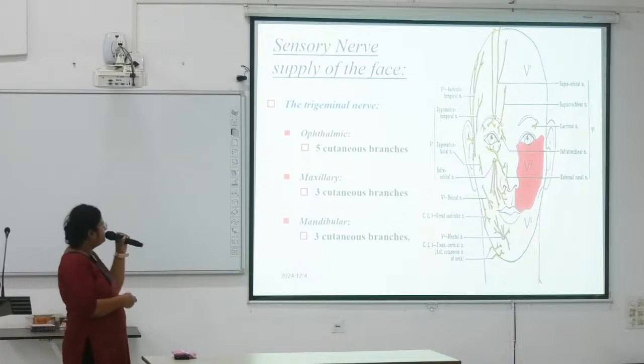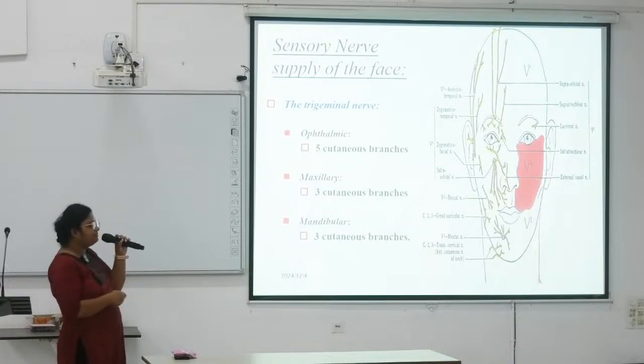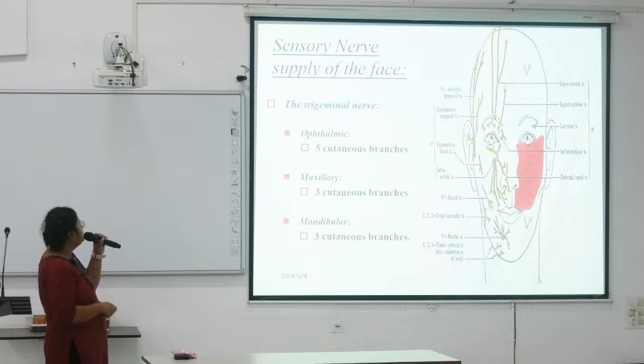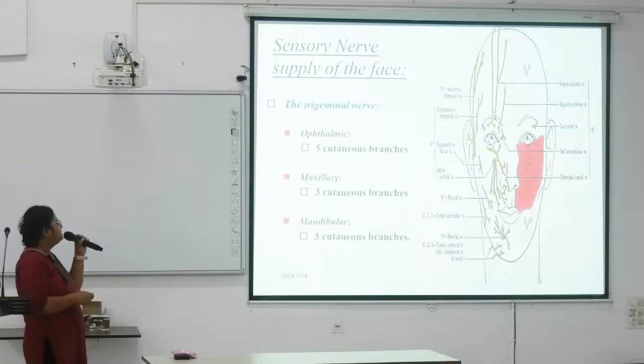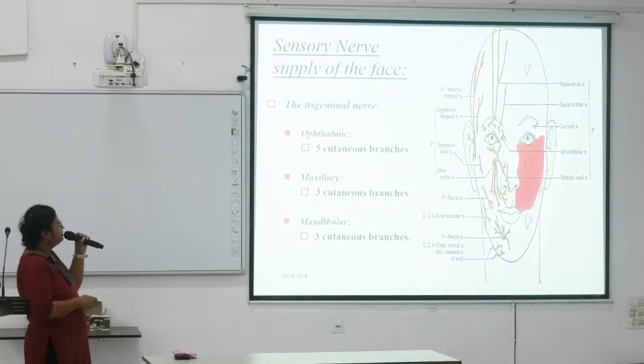So these three branches again give some smaller branches. The ophthalmic division has 5 cutaneous branches: supraorbital, supratrochlear, lacrimal, infratrochlear, and external nasal. These 5 are branches of the ophthalmic division. Next is the maxillary division. It has 3 cutaneous branches: zygomaticotemporal, zygomaticofacial, and infraorbital.